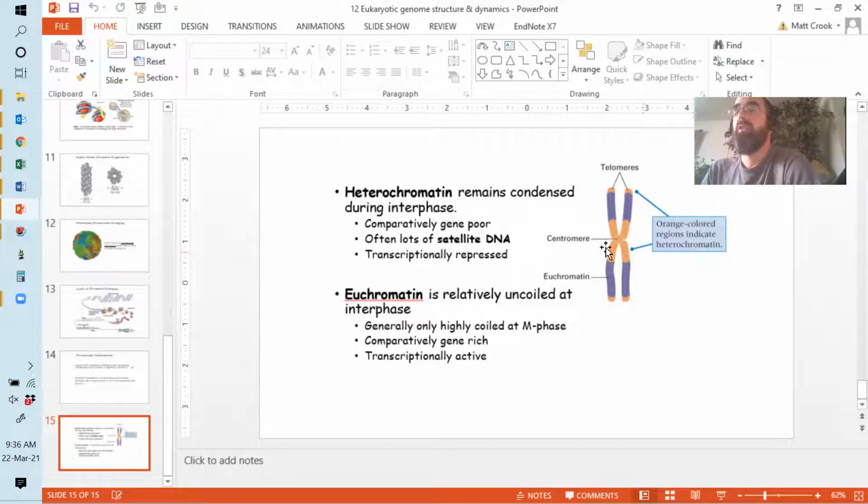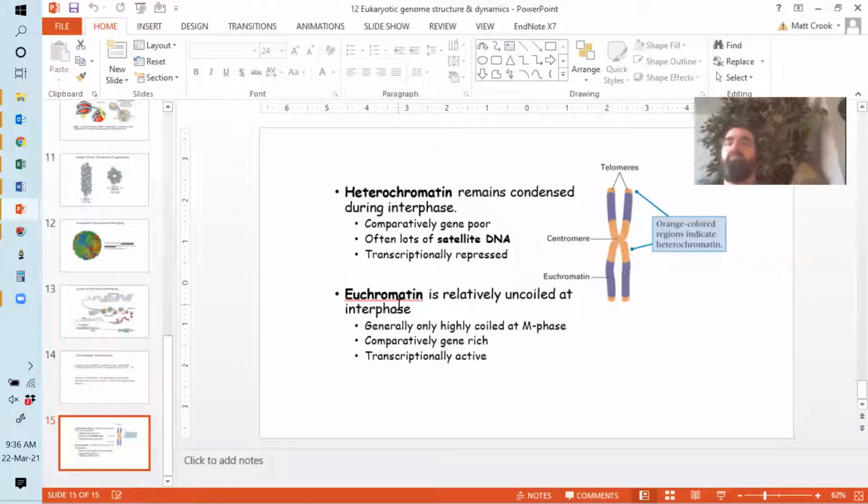You can have regions of the chromosome which are shut down, heterochromatin, which in a different context, time of development or whatever, are actually open and accessible. They're euchromatin, right? So this isn't just a difference by region of the chromosome, ends, middle versus bits in between. This is also something which can change for the same part of the genome, depending on context.